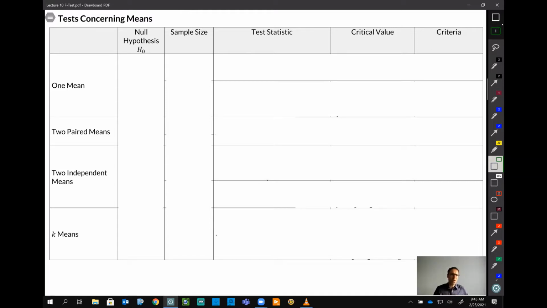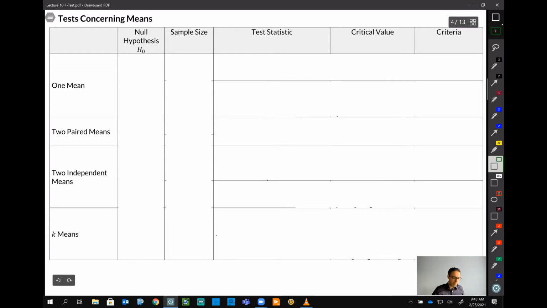So the 4 scenarios, the one mean, the 2 paired means, the before and after, the 2 independent means, and then K means, which in our example of printer, K was equal to 3. Okay? And I want you to have these 4 scenarios in your mind.